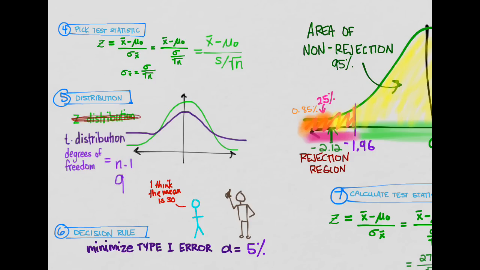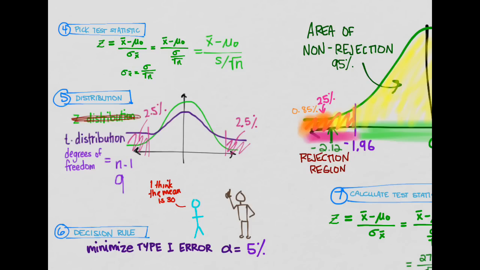All right, next thing we do is make a decision rule. And we could use this same thing. Let's use alpha equals 5%, which means we only want to have a 5% chance of having a type 1 error, which means we want our cutoff values here to contain 5% in total, so that would be 2.5% here and 2.5% here.